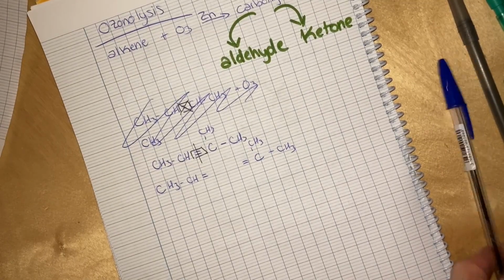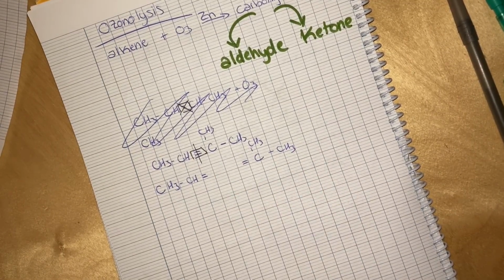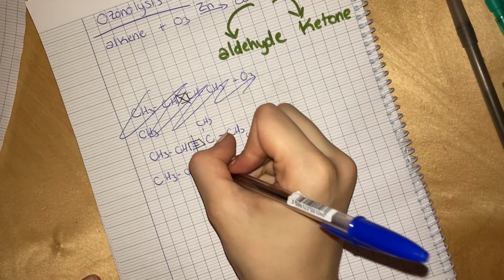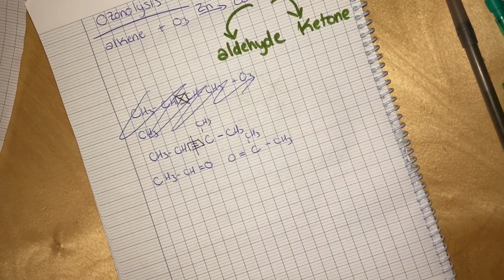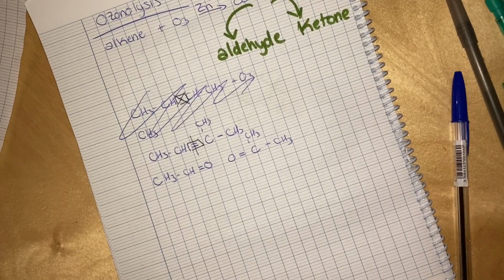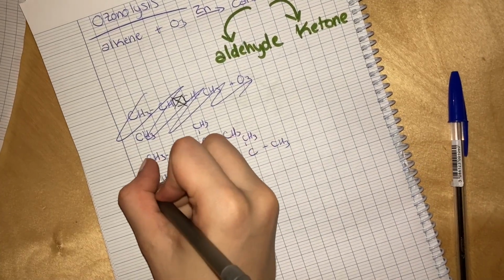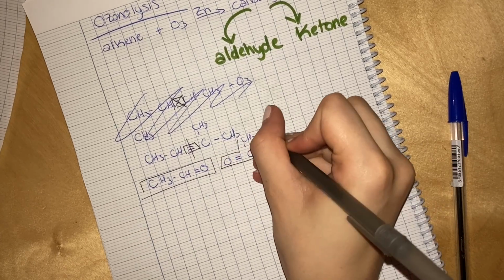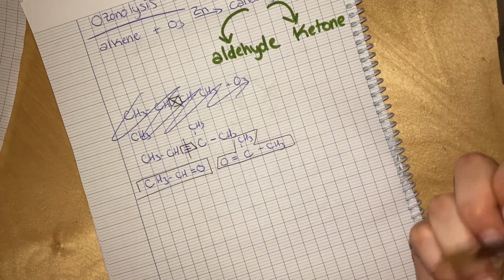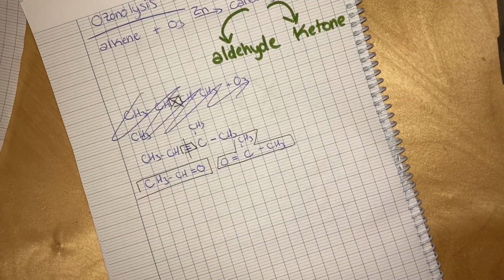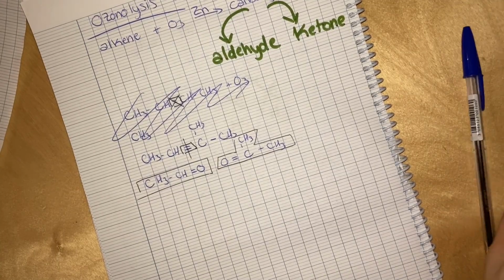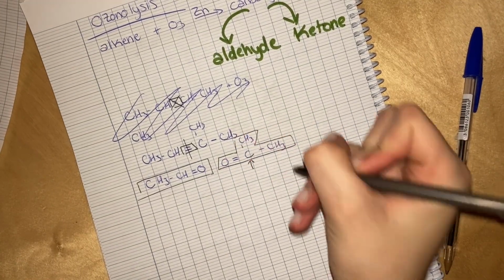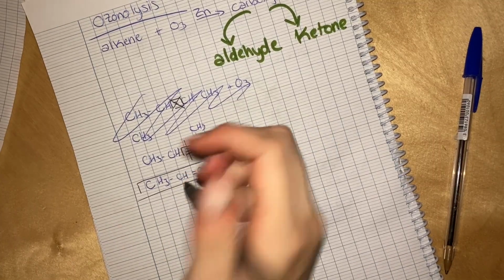So now, don't we have a bunch of oxygens just lying around? We can stick an oxygen here and an oxygen here. So now we have, look at this, this right here and this right here, right? What's the difference between these? Do you notice a difference? This carbon right here is bonded to 2 carbons.